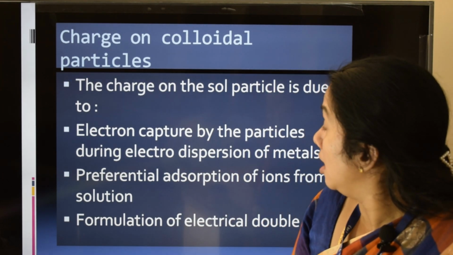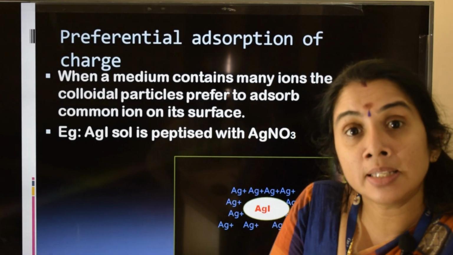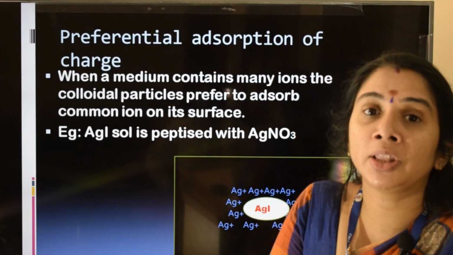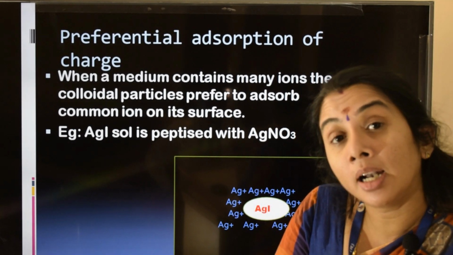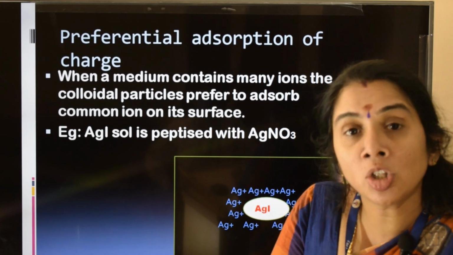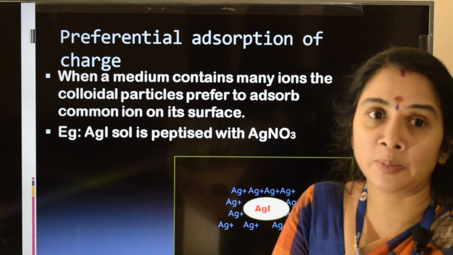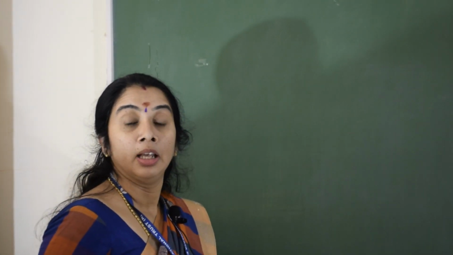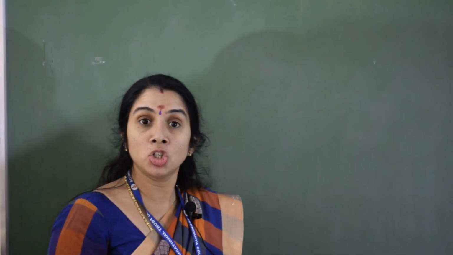Now the second method, preferential adsorption of ions from solution. This usually happens in the peptization method of preparing lyophobic colloids. That is, when a medium contains an ion common to the colloidal particles, adsorption of ions takes place. Now let me explain. We have discussed this already in the peptization technique, converting a precipitate into the colloidal range.